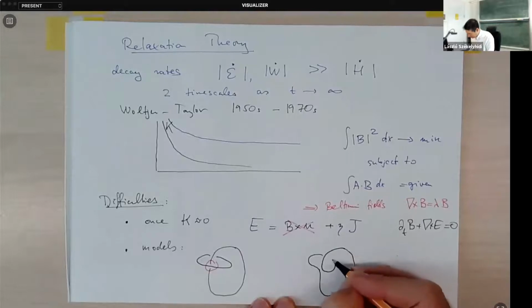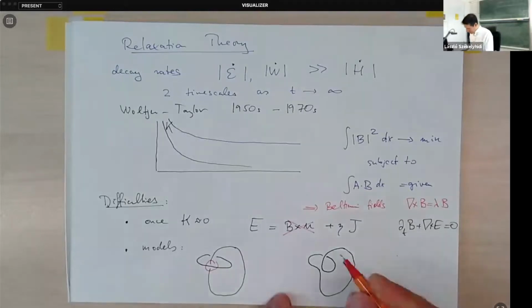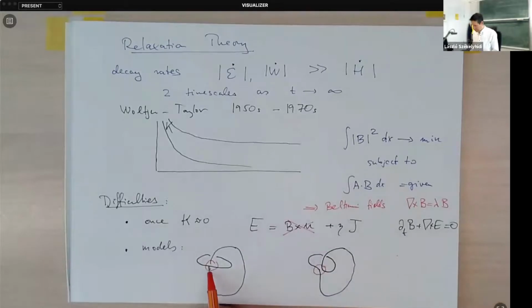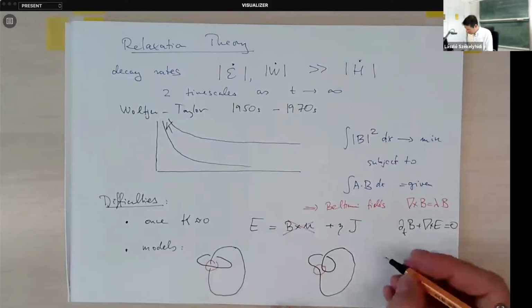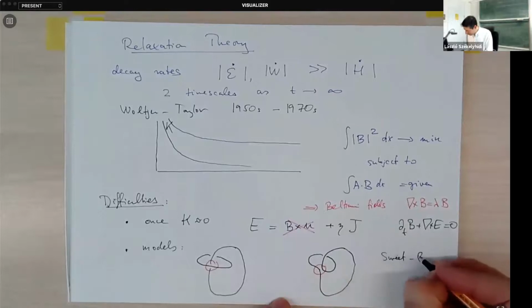These two lines are quite close together, then they turn around. One can calculate that a tube with a twist also has the same helicity as the link of two tubes. So this will not change helicity, but this cutting and pasting does lead to a loss of magnetic energy. This was put forward by Sweet and Parker in the 1950s.